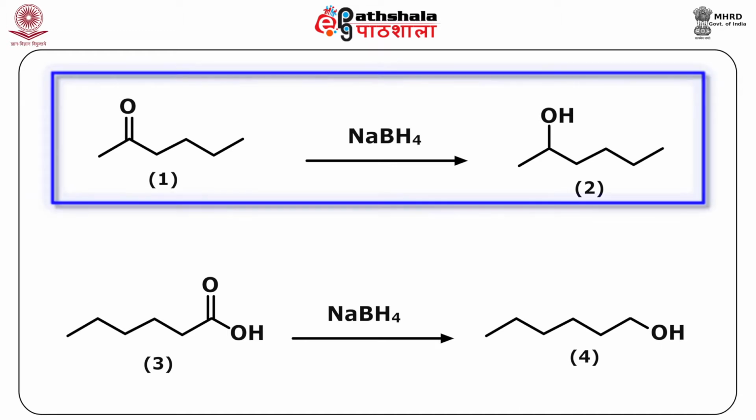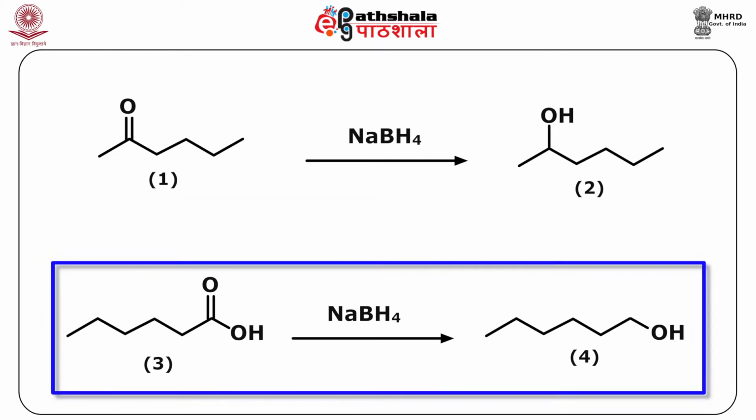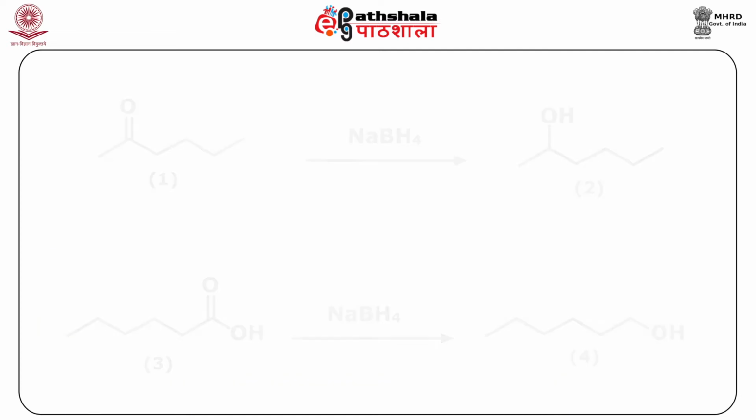We can see the ketone being reduced to the OH group by the use of a reducing agent, which is sodium borohydride. Acids are again reduced to alcohols, from 3 to 4.